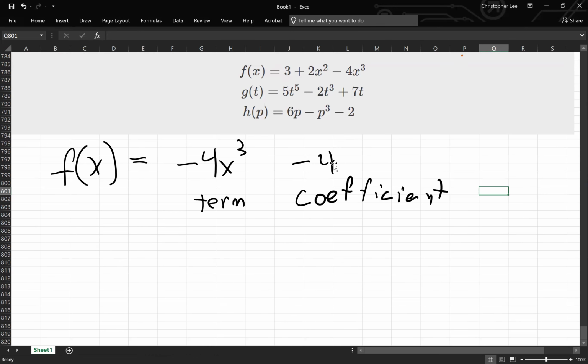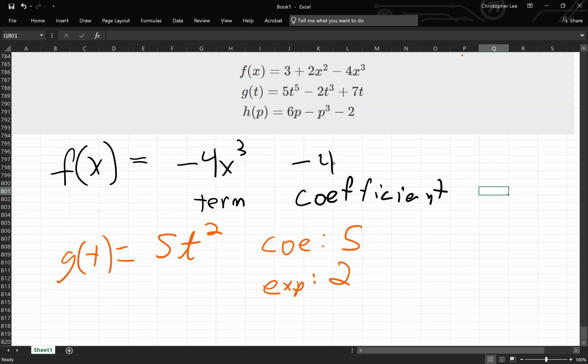Okay. What's the coefficient? Good. Just a 5. Oh, it's a 2 on top. All right. That's it.